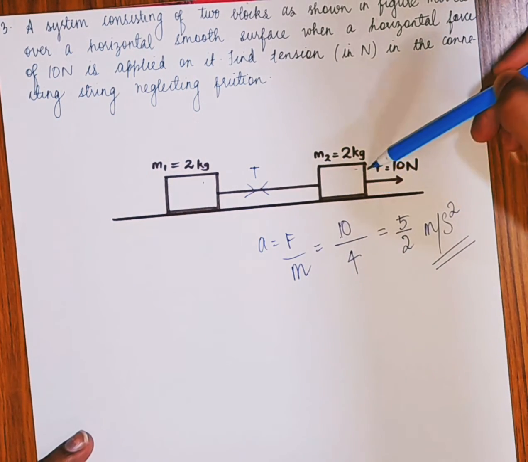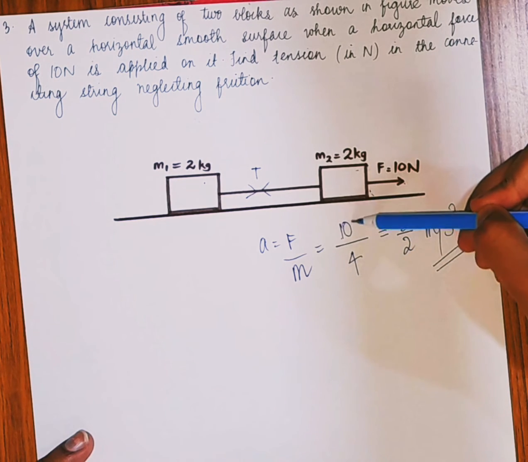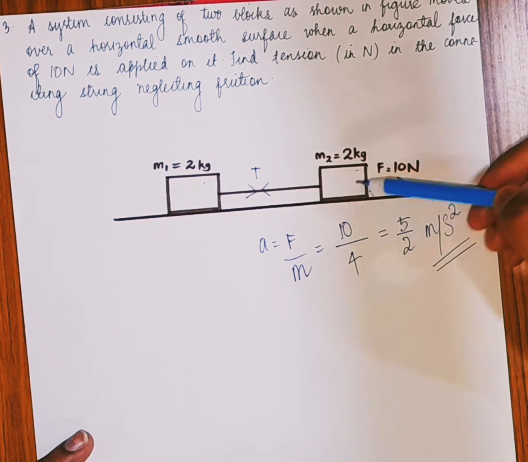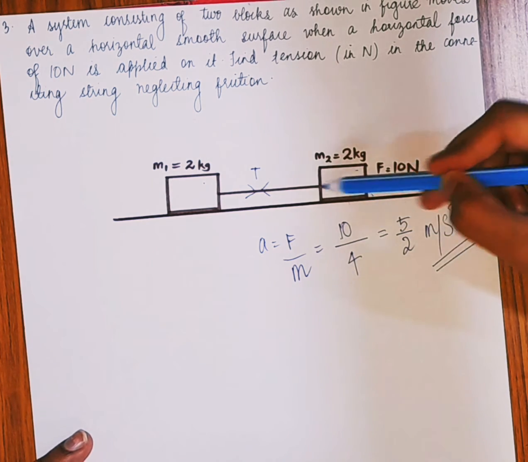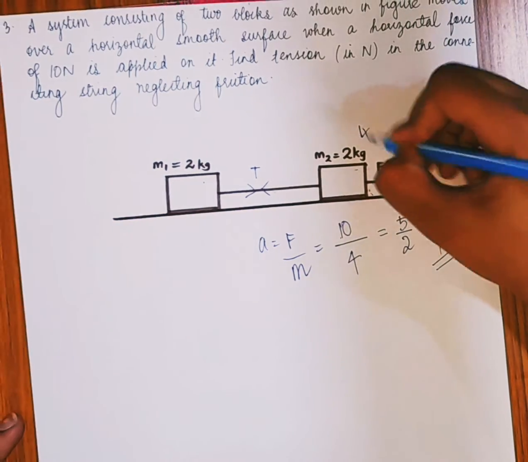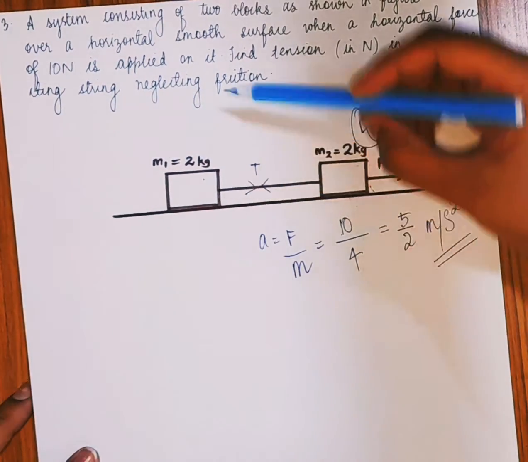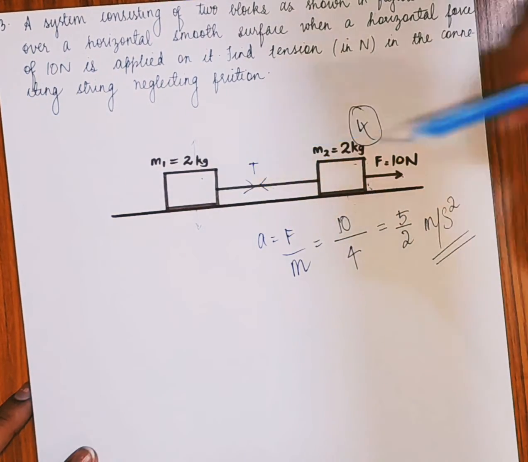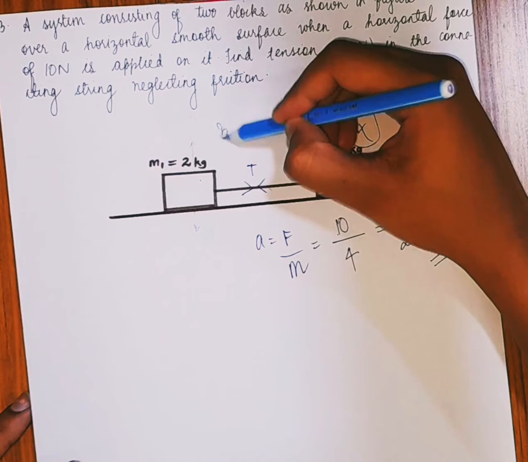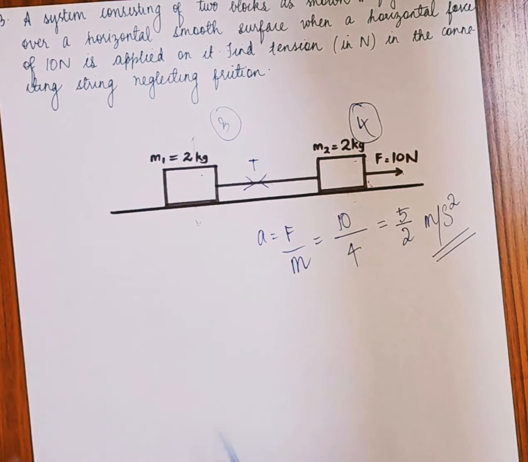If we analyze this body, here a force is acting towards the right, then weight mg is towards down, then up there is a normal reaction and tension. So in total 4 forces are acting on this body. In this other body, there are weight, normal reaction, tension. Only 3 forces are acting, so it will be better to choose this body.